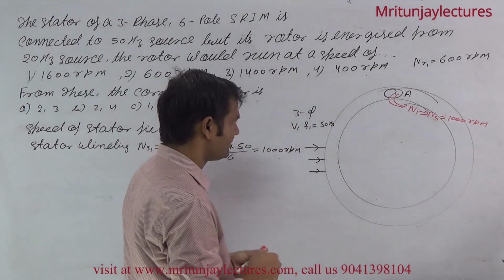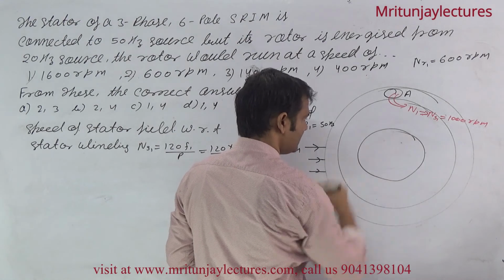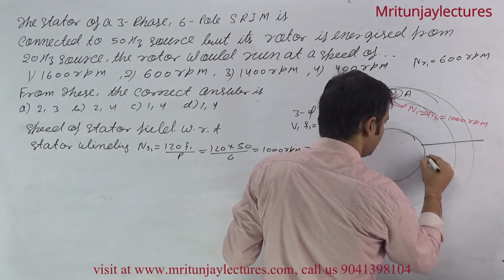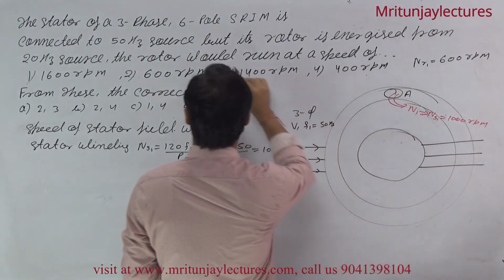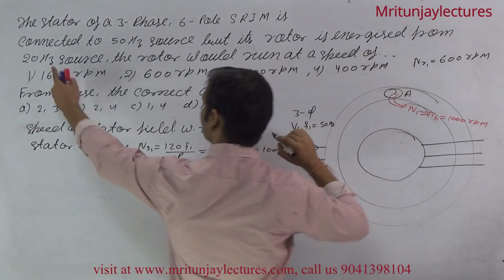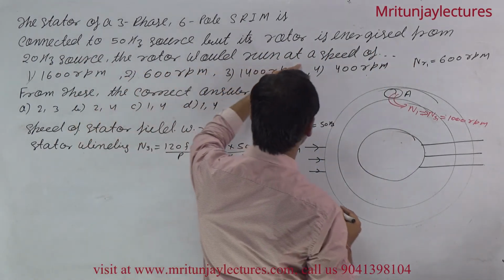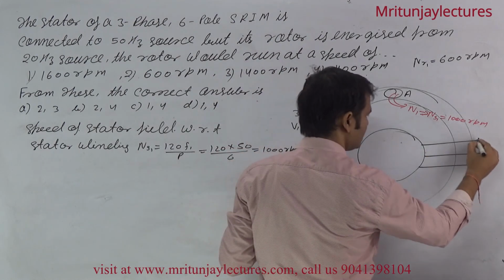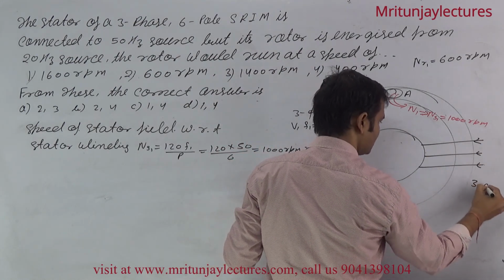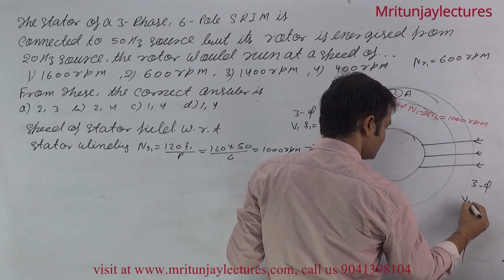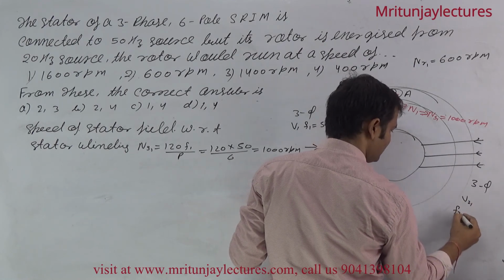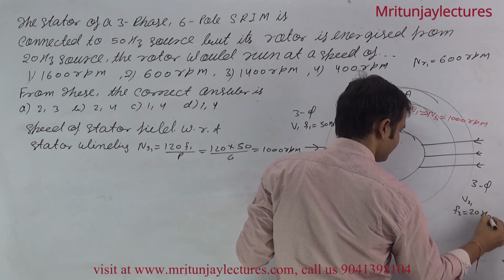Now another way, the second one, the rotor. Represent it like this one. According to the question, the rotor is energized from a 20 Hz source. Our motto: three-phase supply is given on the rotor also. So suppose the voltage is V2 and the corresponding frequency is 20 Hz.